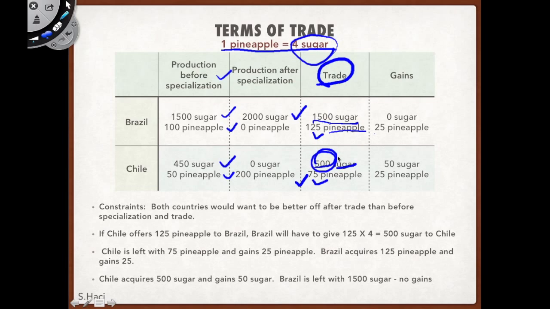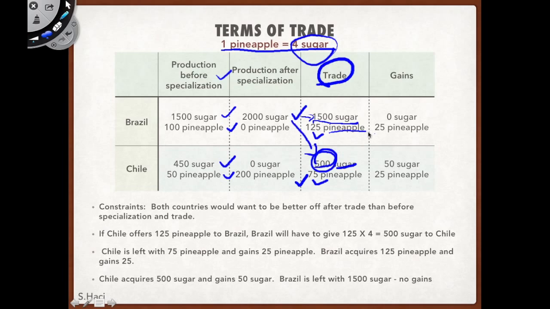Okay. So Brazil will give 500 units of sugar to Chile to pay for the 125 pineapple. They will be left with 1,500 sugar themselves.